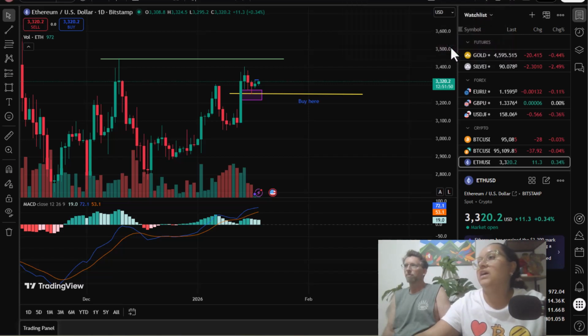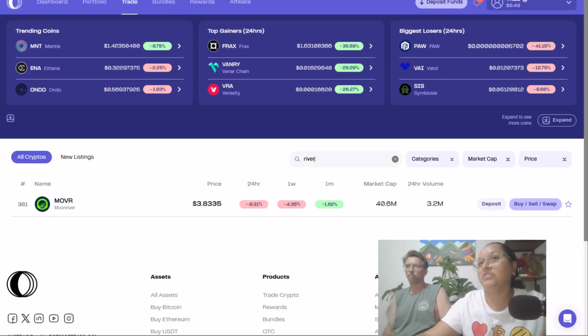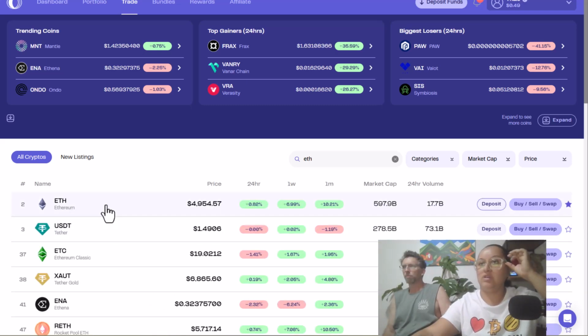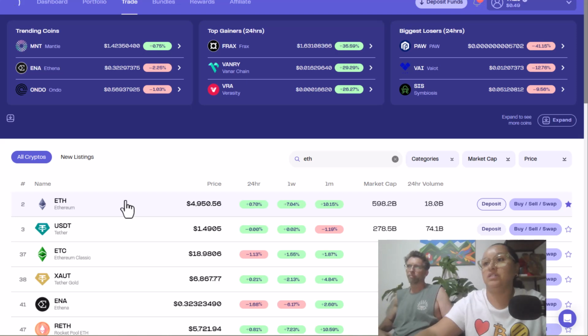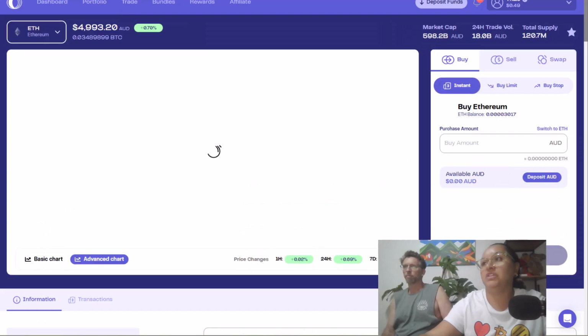And then once I see it hits this line, then I will come to my CoinStash account and then just click Ethereum and then just buy. Click. Yep. Okay. Well, this is the Australian dollar. Okay, and then now buy a little bit. Okay, buy limit, buy stop.